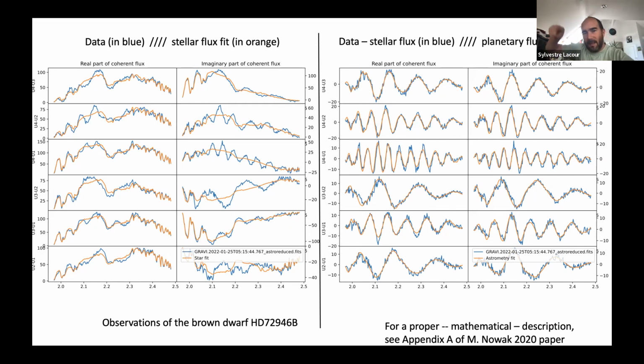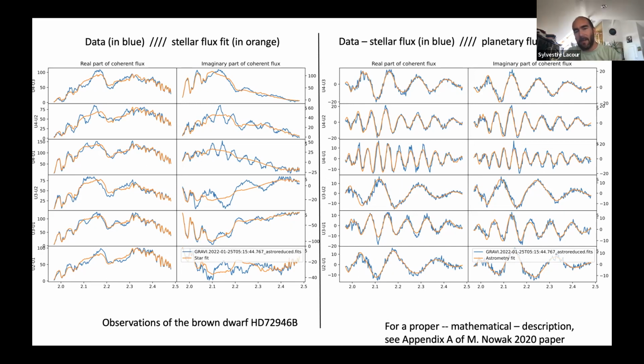And you see this oscillation here, which is due to the fact that the rest of the coherent flux is due to the brown dwarf, which is offset with respect to the star, and which, in terms of OPD, has a different optical path difference, as I said before. So it's the equivalent of having a shifted fringe packet, except here we see it as a function of wavelengths.